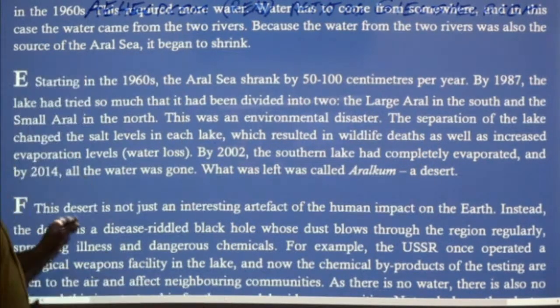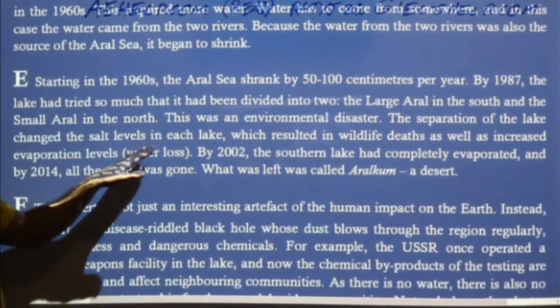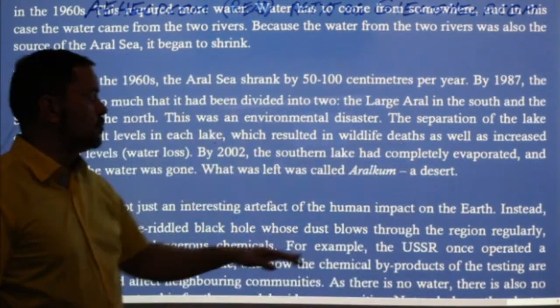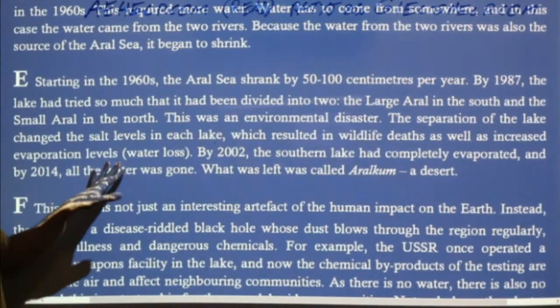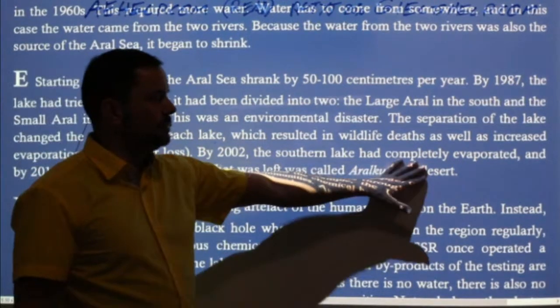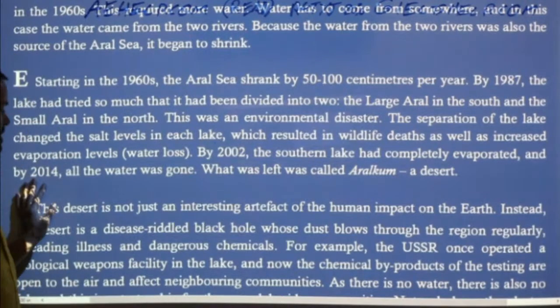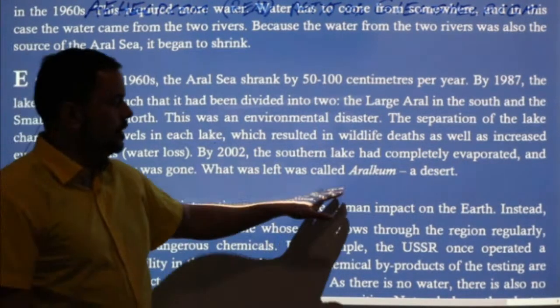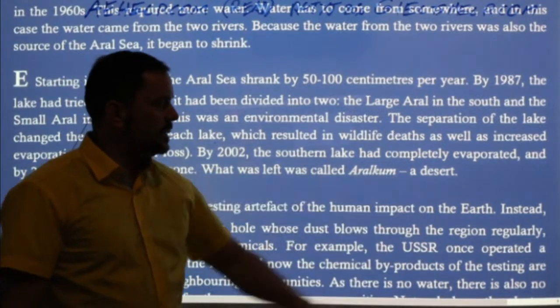The separation of the lake changed the salt levels in each lake, which resulted in wildlife deaths as well as increased evaporation levels, water loss. By 2002, the southern lake had completely evaporated, and by 2014, all the water was gone. What was left was called Aralkum, a desert.